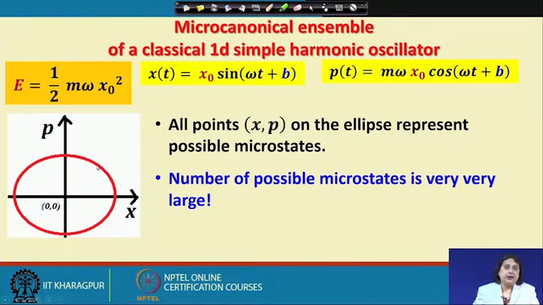So, that gives back the idea that we had, that associated with a given macro state, there is a very large number of microscopic states possible for a system, even if it is a simple system like a classical simple harmonic oscillator.